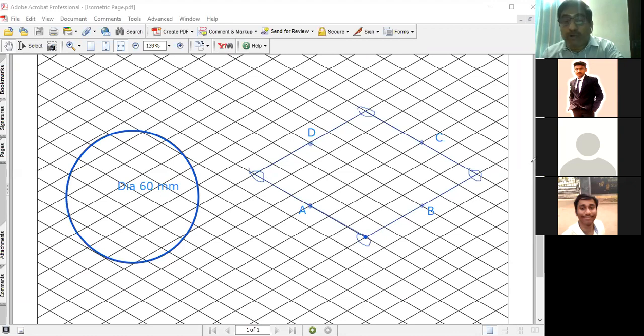Now these are the 4 corners. You know very well. Now which corner is having less than 90 degree and which corner is having more than 90 degree? Say this is 1, this is 2, this is 3, and this is 4. There are 4 corners. Which corner is having less than 90 degree?